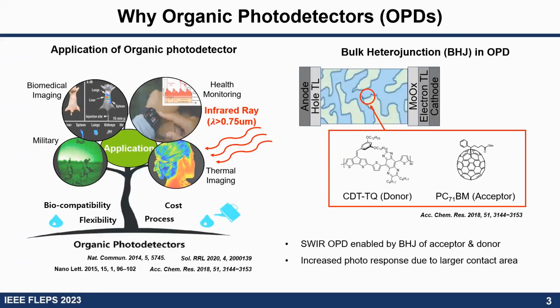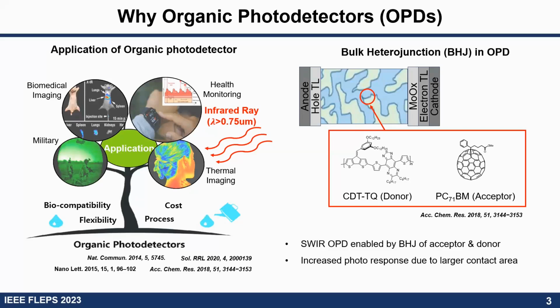And based on the characteristics of shortwave IR, it is used in organic photodetectors, because organic photodetectors have a great advantage in terms of biocompatibility, flexibility, low cost, and simple solution process.